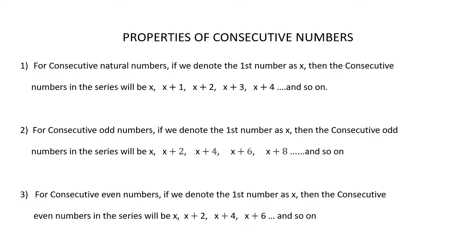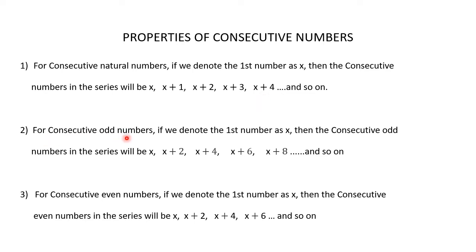Let's move on to properties of consecutive numbers. For consecutive natural numbers, if we denote the first number as x, then the consecutive numbers in the series will be x, x plus 1, x plus 2, x plus 3, x plus 4, and so on.